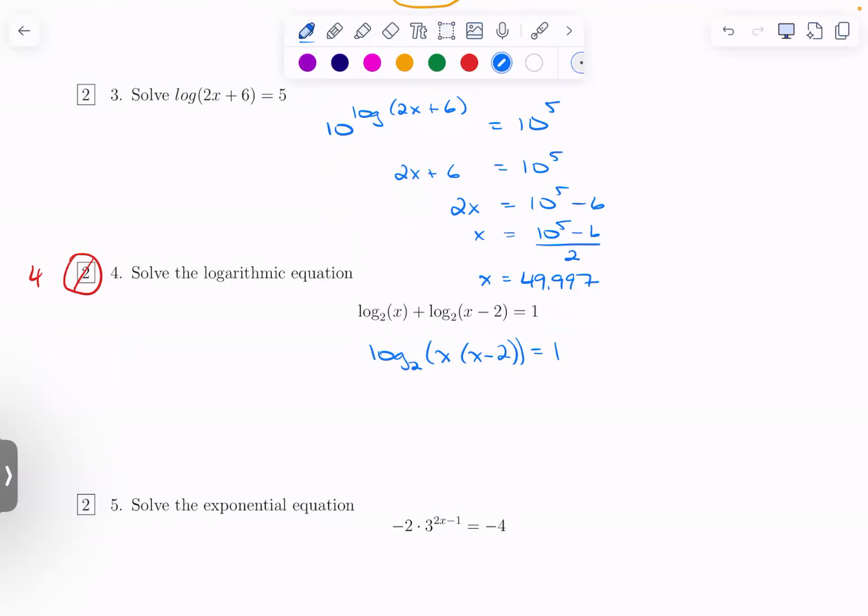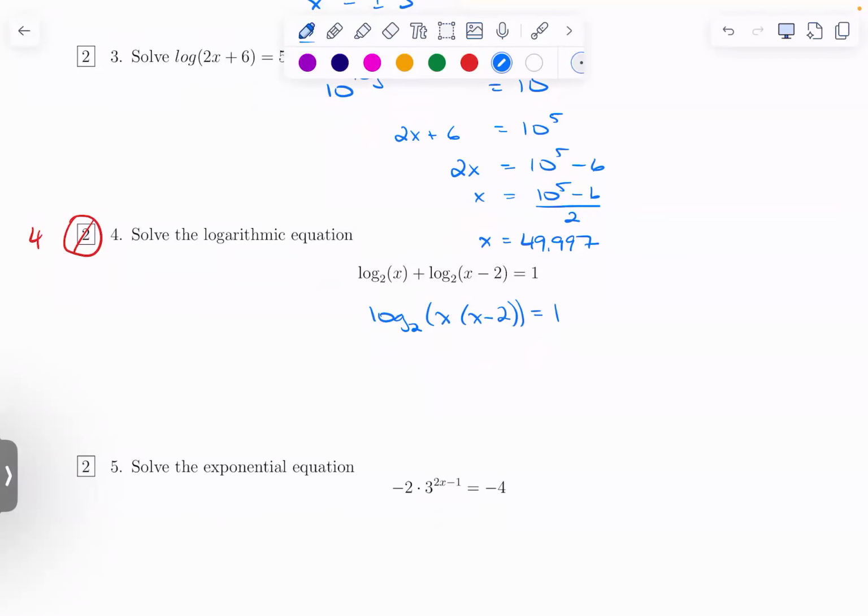Then, because I can't solve for the x, I can't raise it to the power of, or 2 to the power of the log base 2 until I have it as 1 log. Anyways, 2 to the log base 2 of x squared minus 2x is 2 to the power of 1.